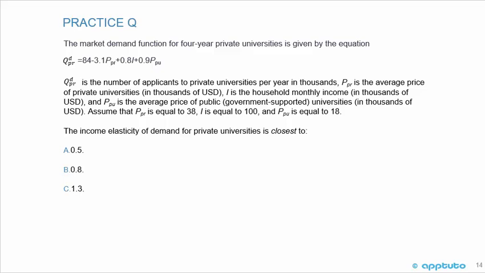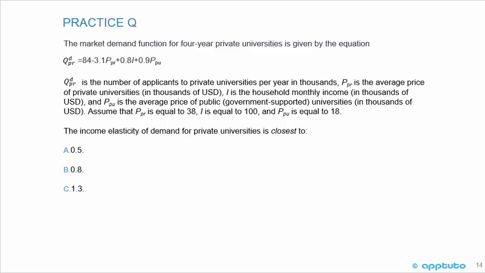So when I go up and start to look at the question, I already have in mind what they're looking for. You can see the market demand function, a multi-factor model for four-year private universities, is given by the equation: the quantity demanded QPR equals 84 minus 3.1 times PPR plus 0.8 I plus 0.9 times PPU. This is the same data that was given to us.